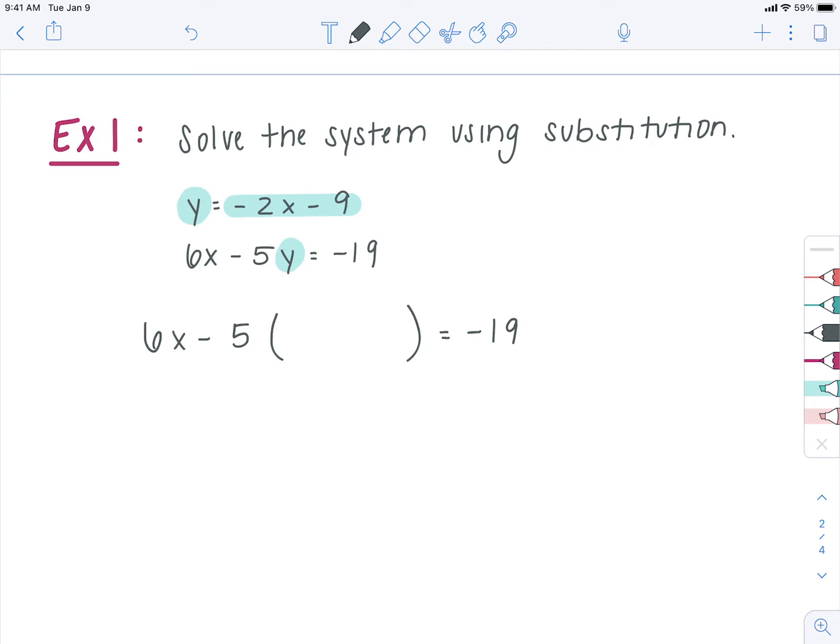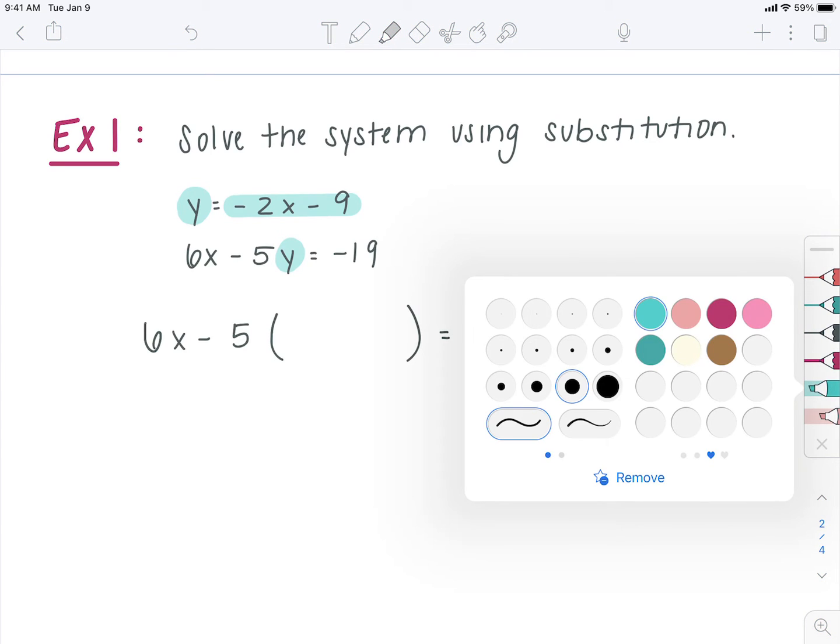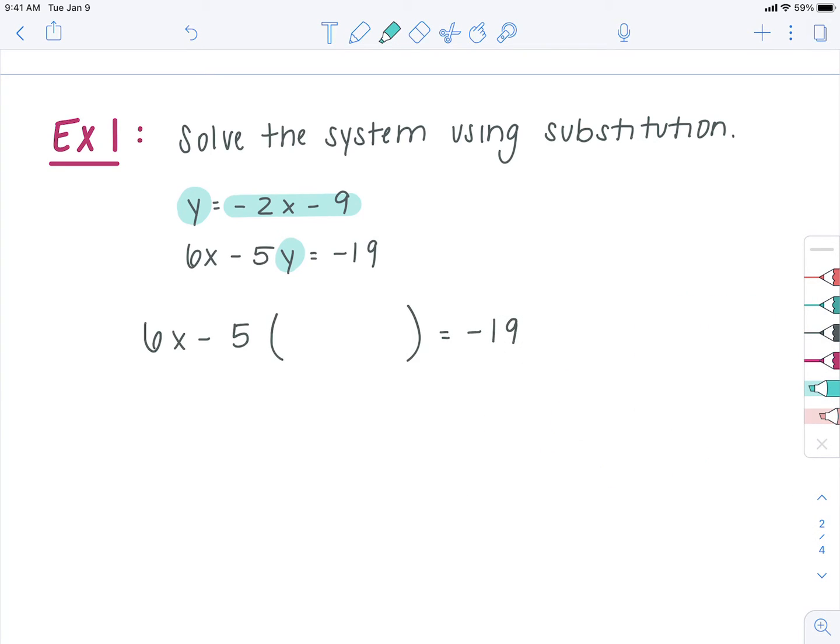Since I know that this was a y, this whole thing was y, I can take this negative 2x minus 9, which I already know is the same thing as y, and I'm going to put it inside the parentheses. So I'm going to substitute negative 2x minus 9 into my equation where y was.